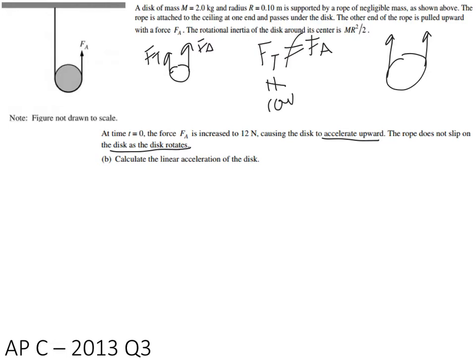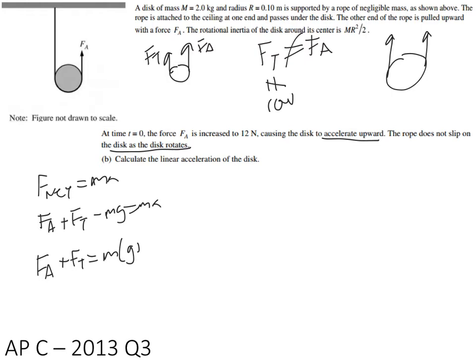So what we have to do is we have to go a roundabout way. Now if we use F net equals ma, we do the whole Fa plus Ft minus mg equals ma. Move things around. Like that.